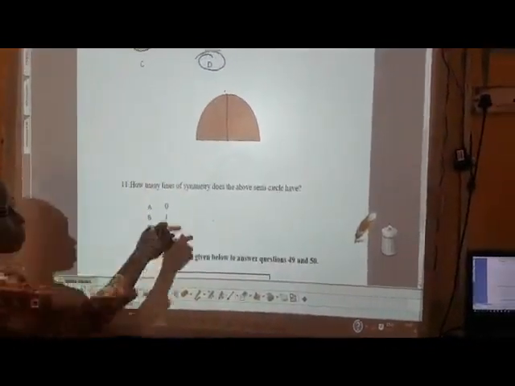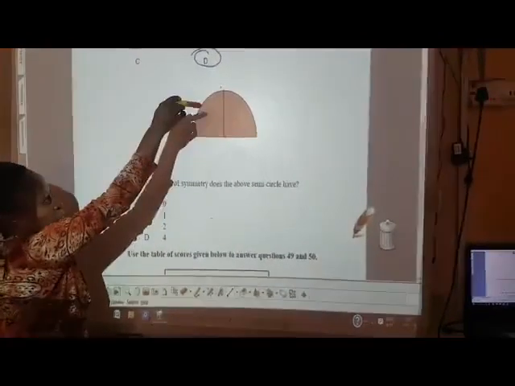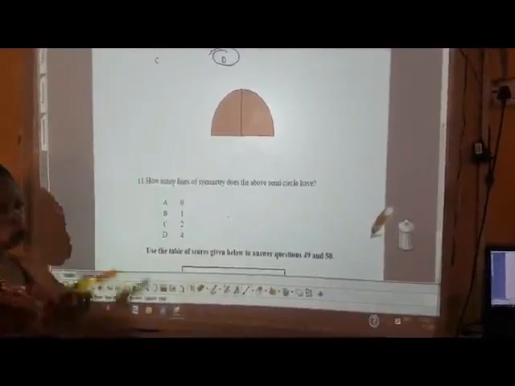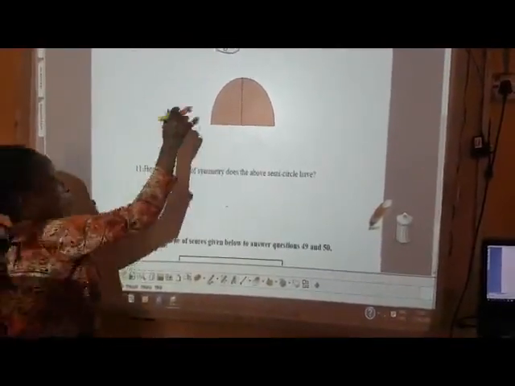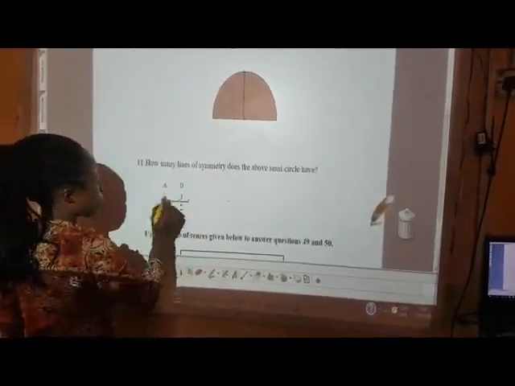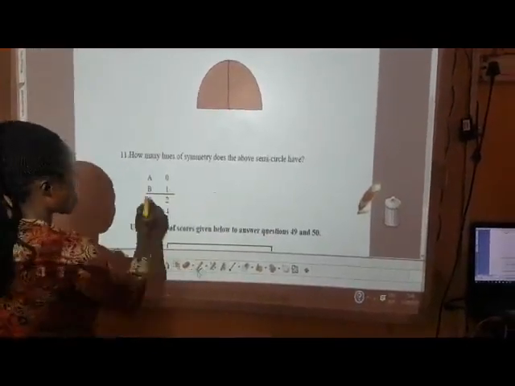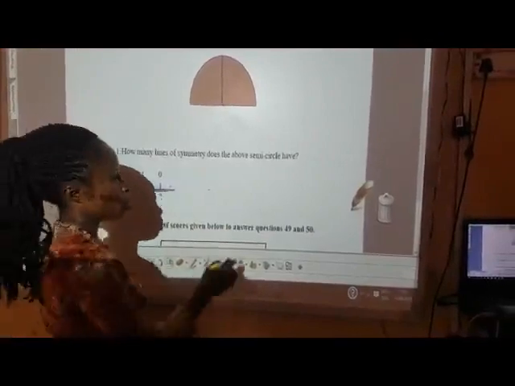That line is the line of symmetry. This line cuts this semicircle into two quarters. And this is just one line. The answer is 1. That's B.